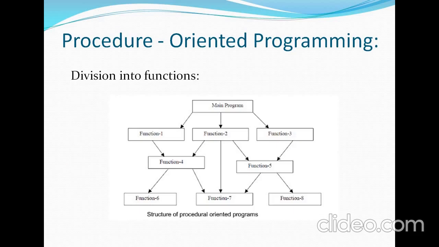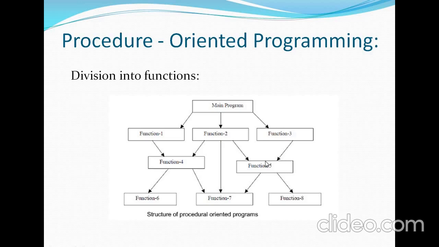So the main program is subdivided into small pieces, and those are called functions. Here we have function 1, function 2, function 3, function 4, function 5, function 6, function 7, and function 8.